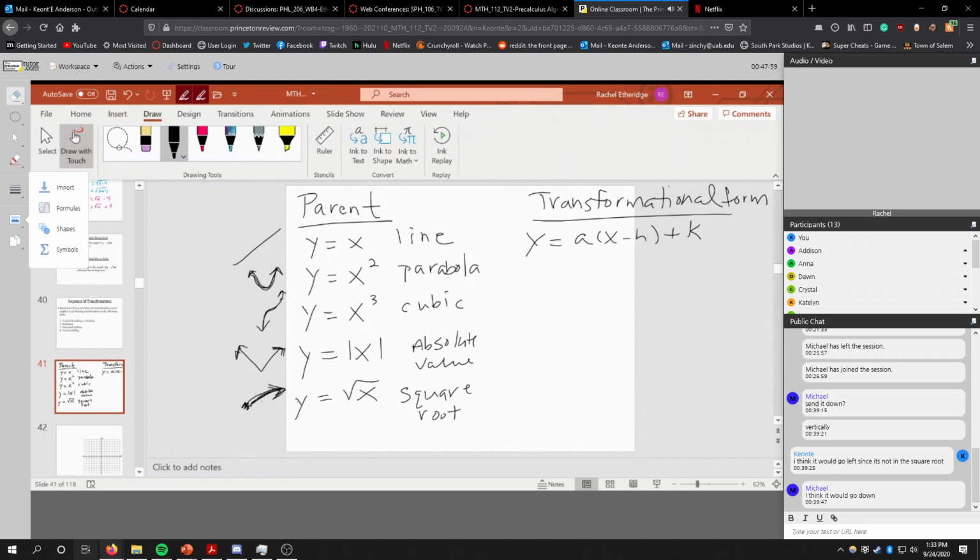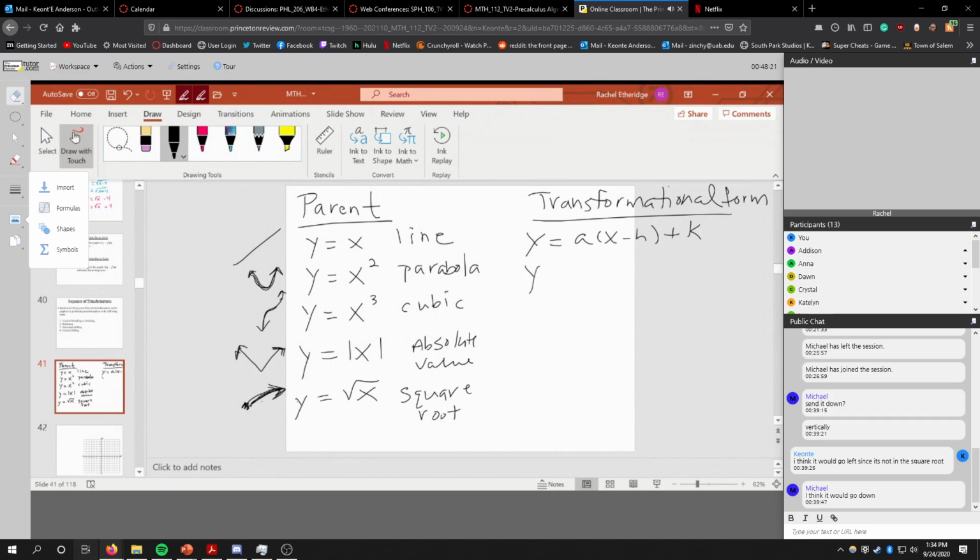If you notice, that looks a little bit like the point slope form. If I subtracted k from both sides, I'd have y minus k equals a(x minus h). Well, the a here is the slope, the k is the y-intercept. So this is just transformational notation because we use the h and the k.